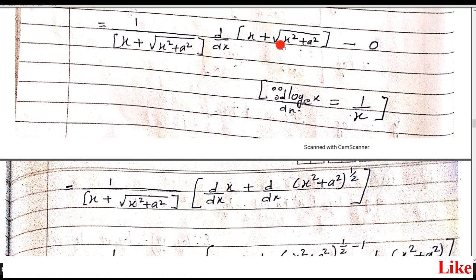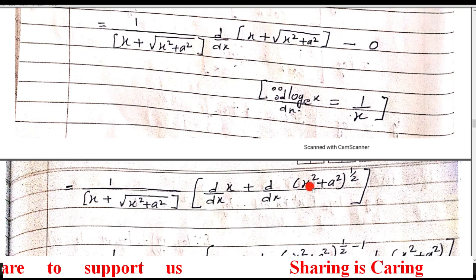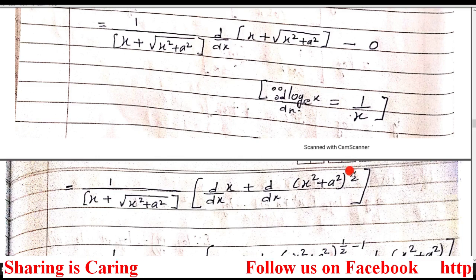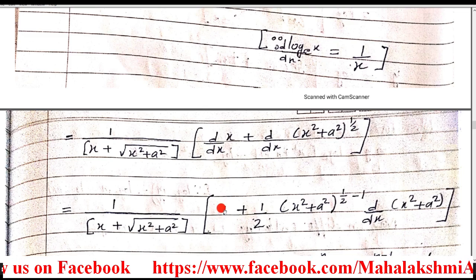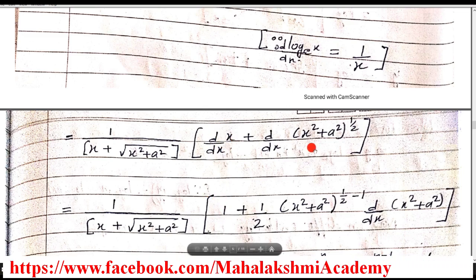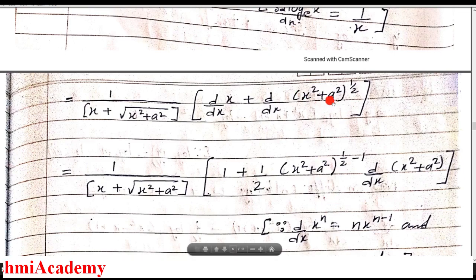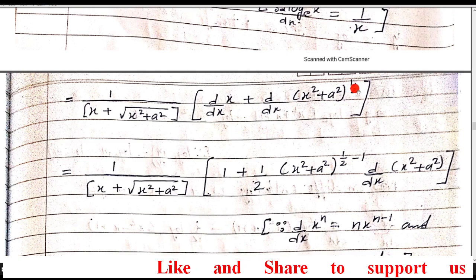Here the derivative came, but this root I wrote in power form, because when we differentiate it we are going to use the formula for x to the power n. That's why in power form we can write the root as 1 upon 2. Now the differentiation of x is 1, that's why dx over dx is 1. Now we have to differentiate the root term with the help of the x to the power n formula. This complete term we assume as x, and this 1 upon 2 is going to be n.